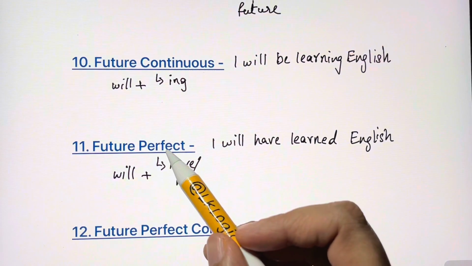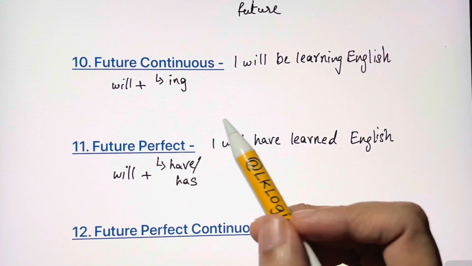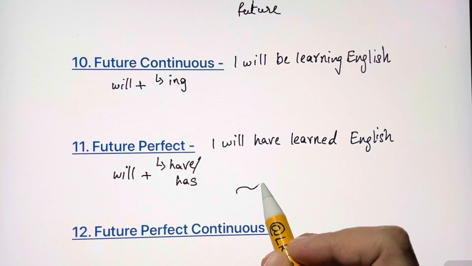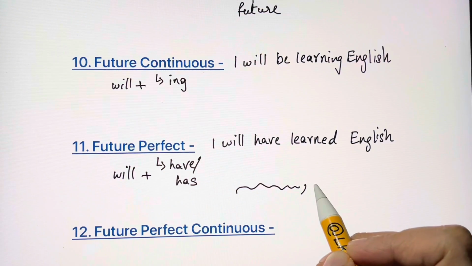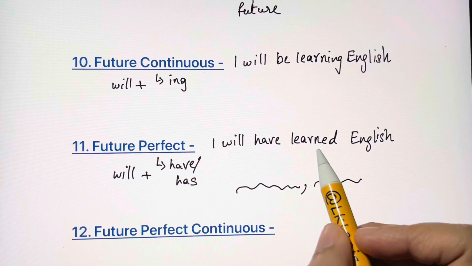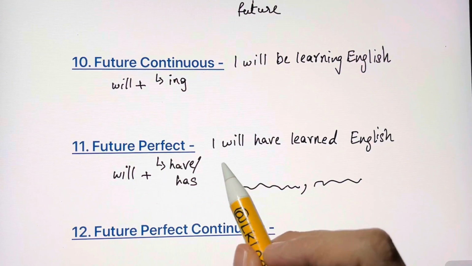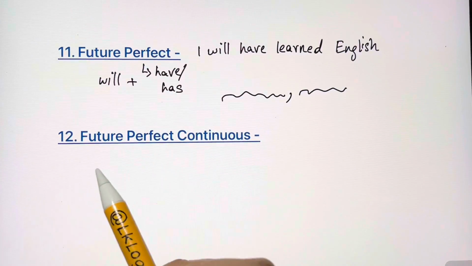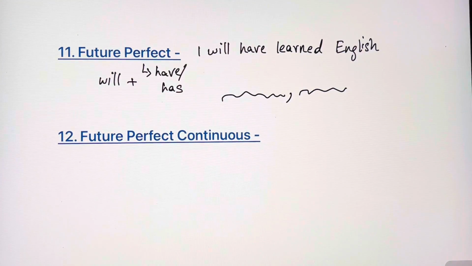Perfect here means it's done, completely done in future. So it is an action or state that will finish sometime in future before some other event in future. So for example, I will have learned English by next week. I will have learned English by 8 p.m. tomorrow. Got it?